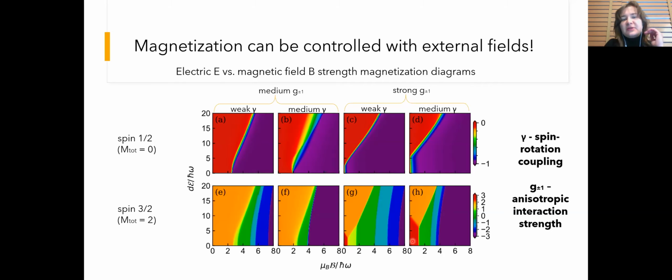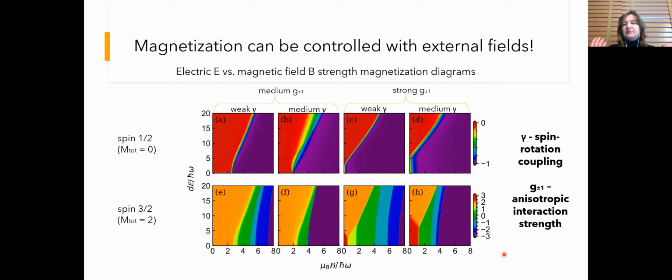Because, as I said before, the anisotropic interaction brings down states with high rotational momenta, and because of that it allows additional magnetization values. So those are the two most important messages. And of course, the fact that we can really control the magnetization with an external electric field is also nice, because this coupling between electric and magnetic properties can be useful for experiments or for doing interesting simulations.